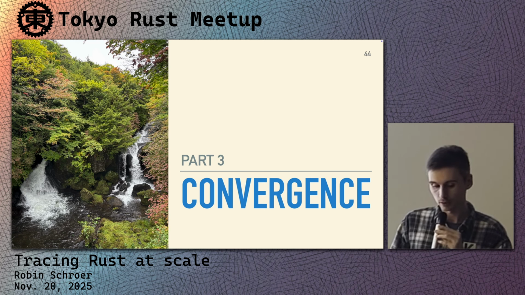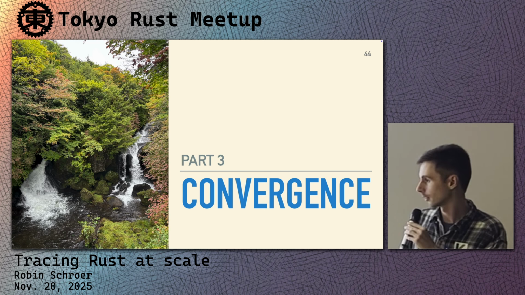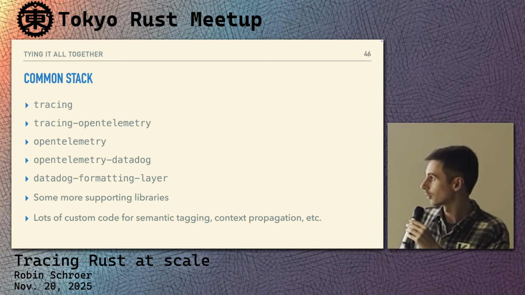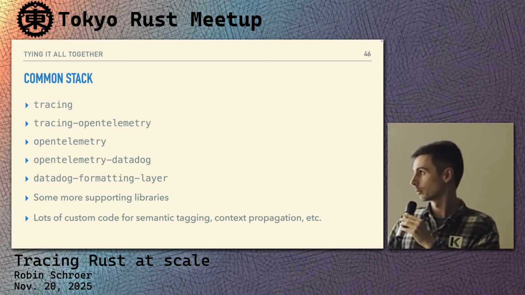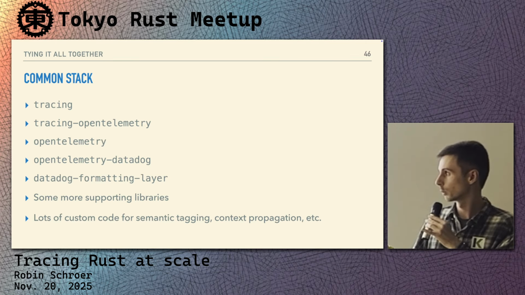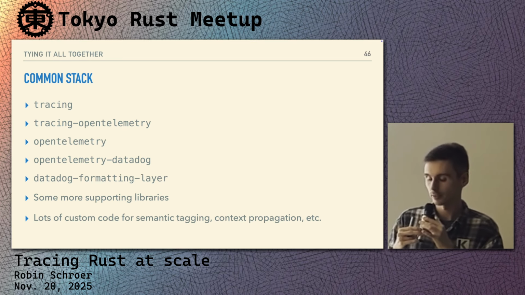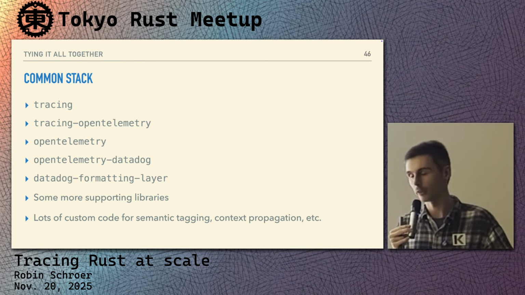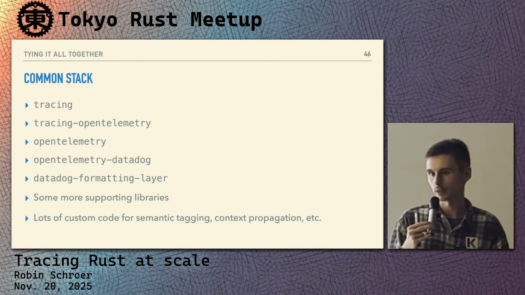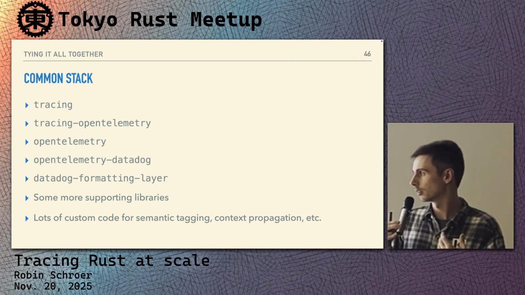And with that, we've made it to part 3, and this is kind of where we tie it all together. As I mentioned, the common stack is use tracing to get the nice developer experience we all like. You then use tracing-opentelemetry to get all the data over into OpenTelemetry, and then you use probably opentelemetry-datadog to submit the data through the trace API to Datadog.